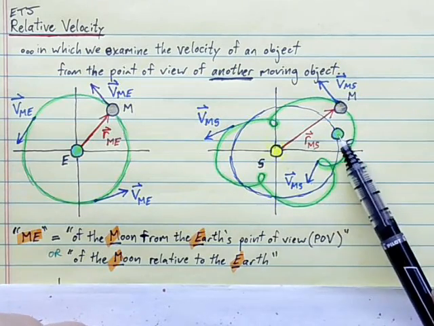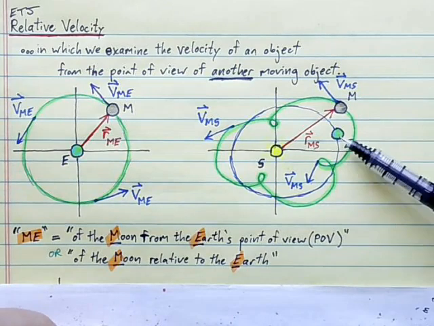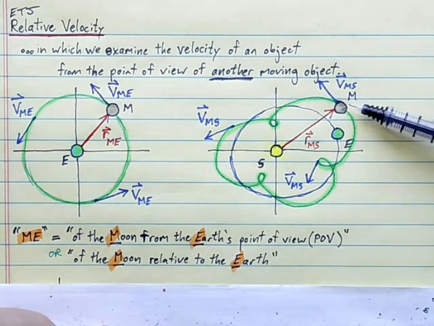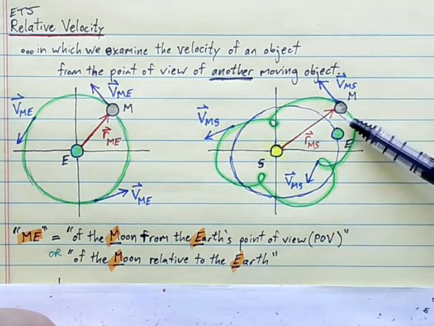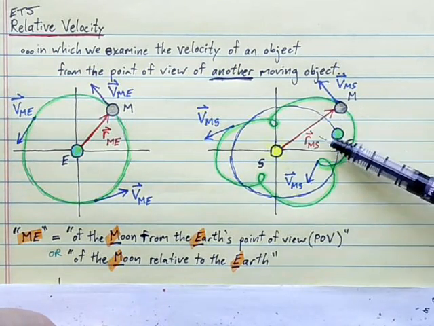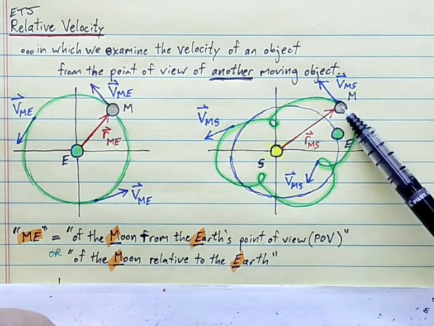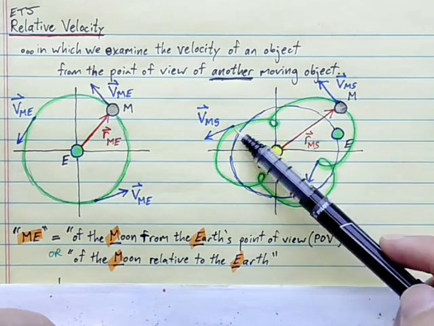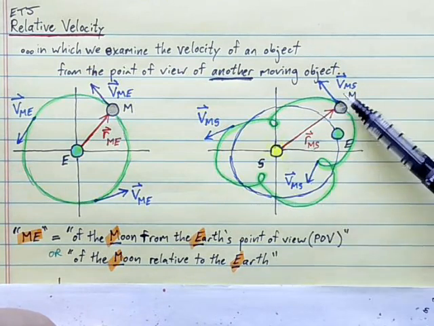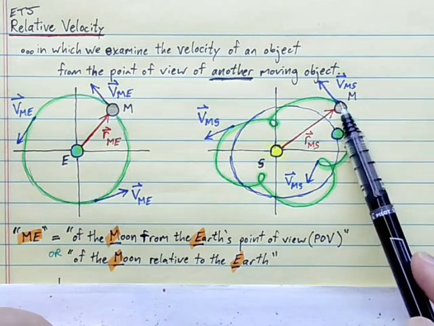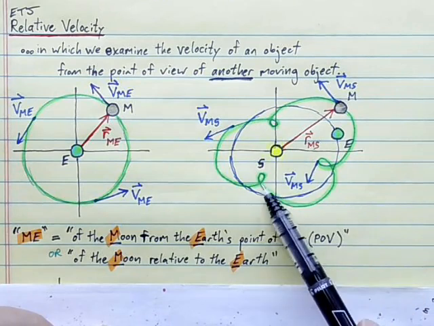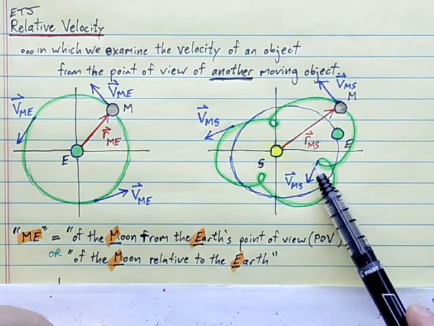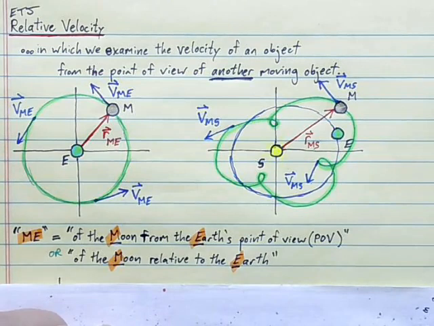So the Earth is moving around the sun at the same time that the moon is moving around the Earth. So as the Earth goes around the sun, the moon orbits around the Earth. So the moon ends up tracing out this green spiraling path around the sun. The moon is going around the Earth again and again as the Earth itself carries it around the sun.